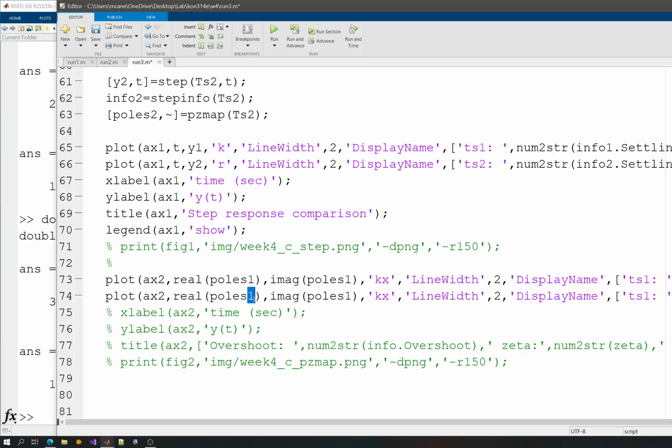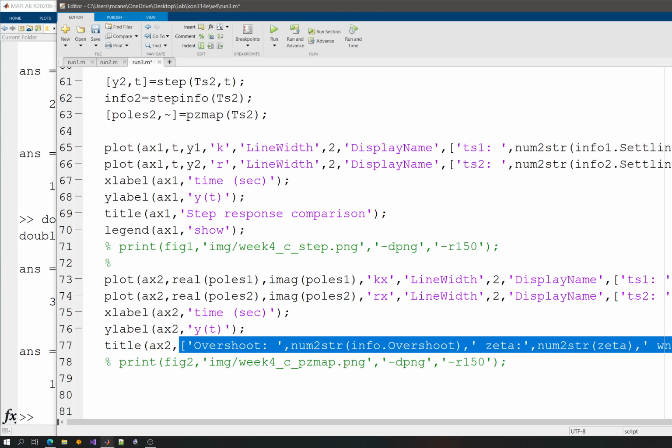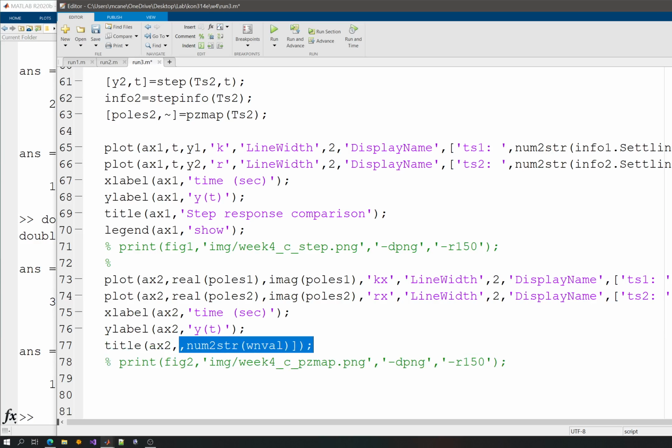Now I'm changing it to 2, red, info 2, and TS2. And I'll open this. I'm not really interested in this, as I've mentioned. I'm just going to say that this is the pole spread comparison.